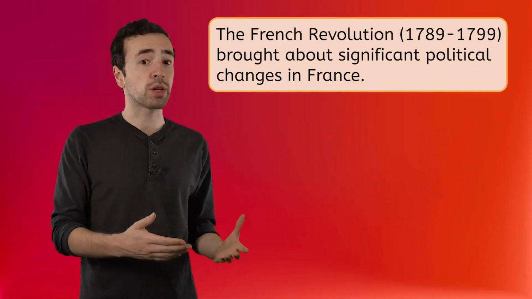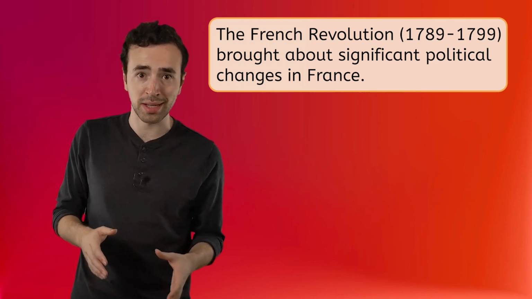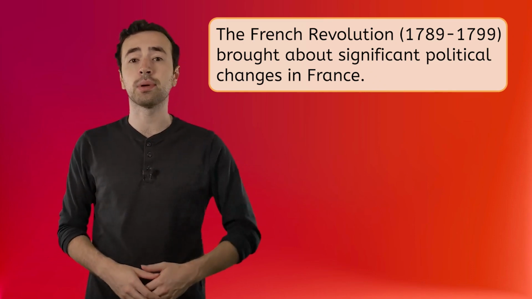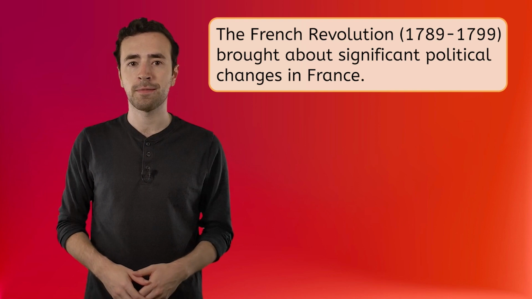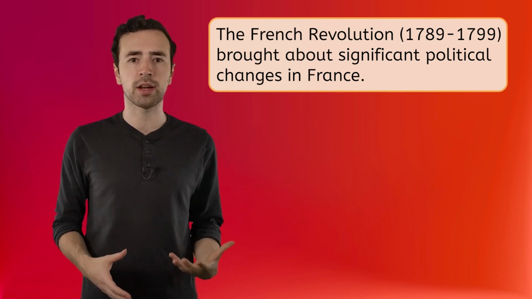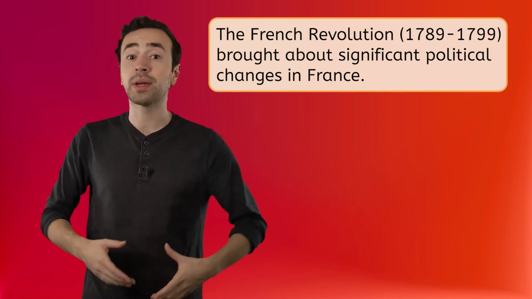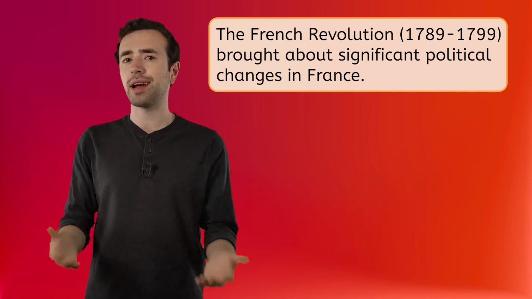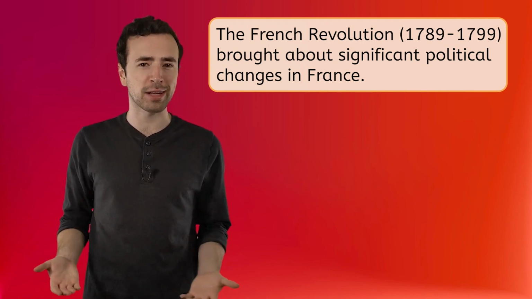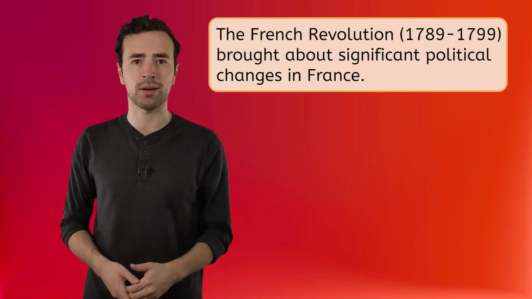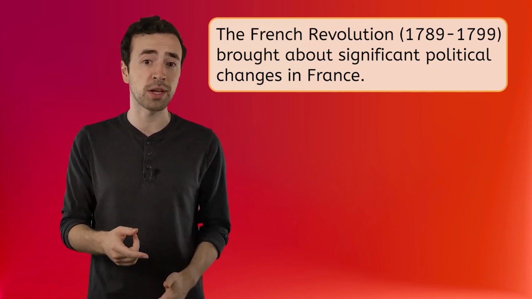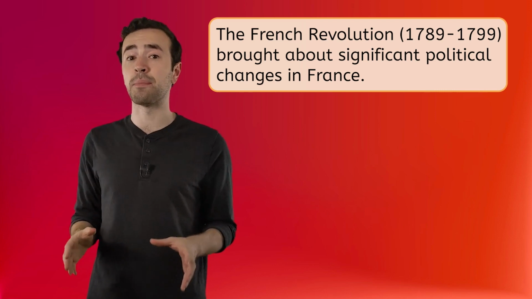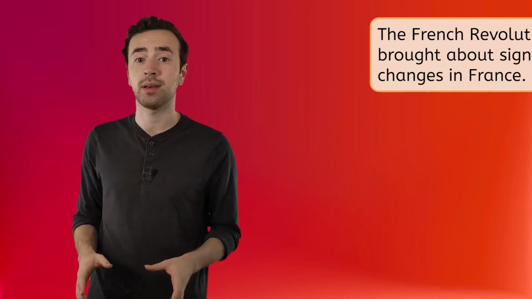The French Revolution (1789 to 1799) brought about significant political changes in France. This is working as a parenthetical, non-restrictive detail because it's adding a range of dates for the French Revolution. Reading it out loud doesn't really flow naturally, so parentheses work best here. It's showing that it's additional information for the topic, but not a part of the main idea of the sentence.